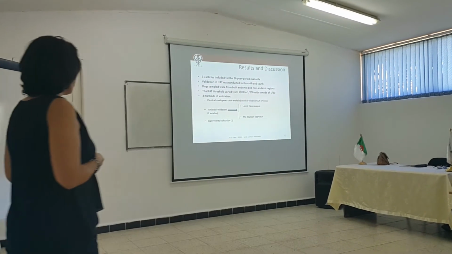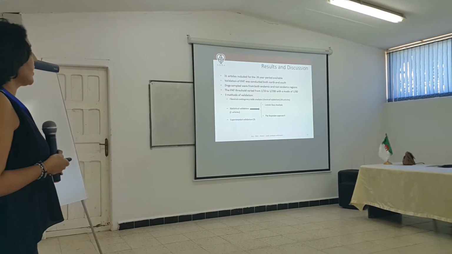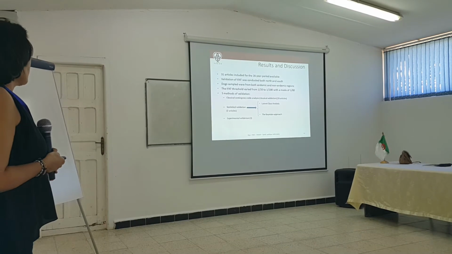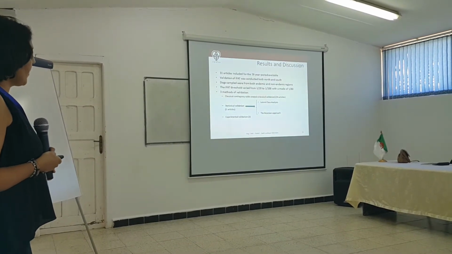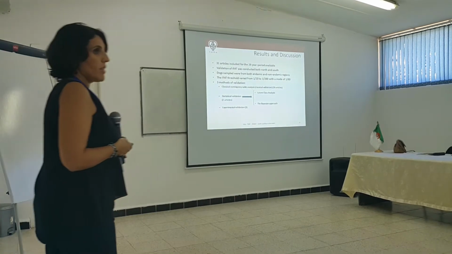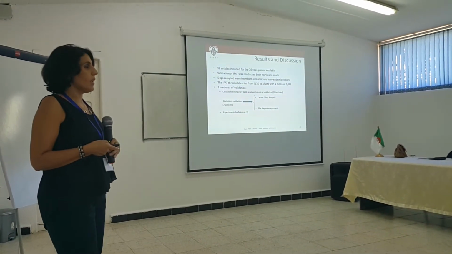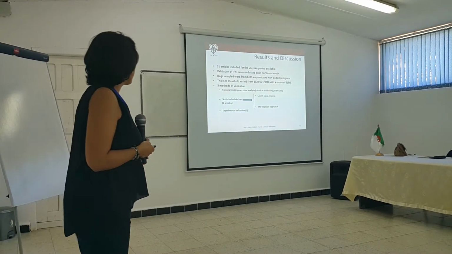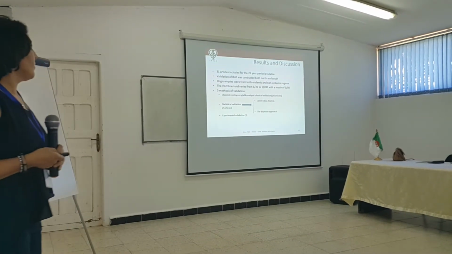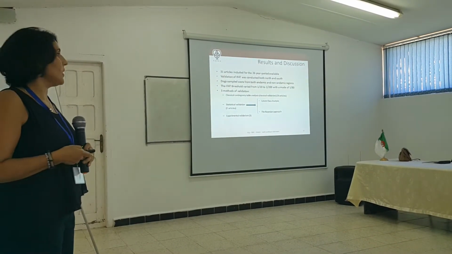So our results, as I said before: 31 articles were included for the 26-year period available. Validation of EFAT was conducted both north and south of the Mediterranean basin. Dogs were sampled from both endemic and non-endemic regions. The EFAT threshold varied from 120 to 200 with a mode of 180.